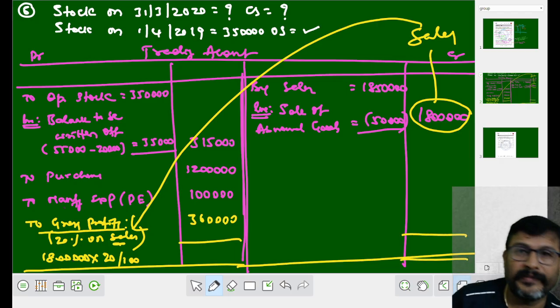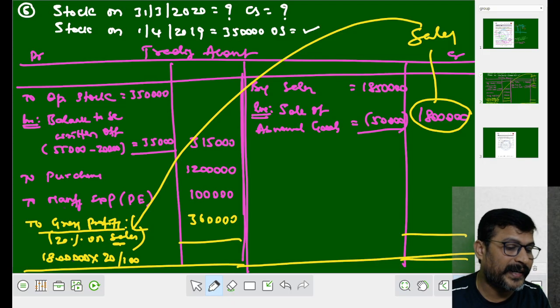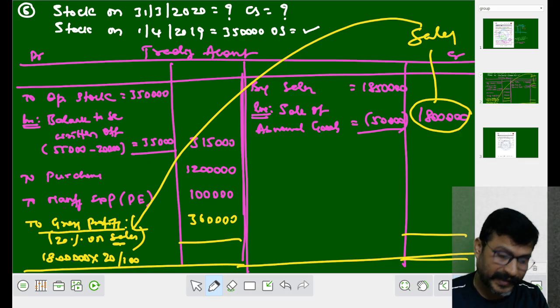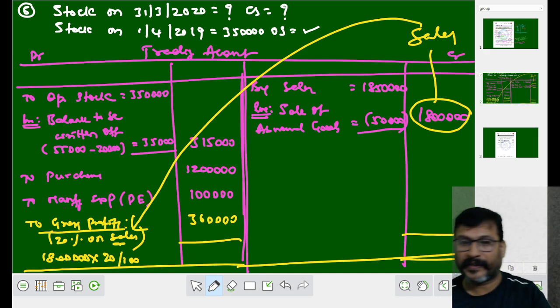Work out the total of the debit side. When you add all these things, we are getting 19 lakh. Wait, let me work out the answer.